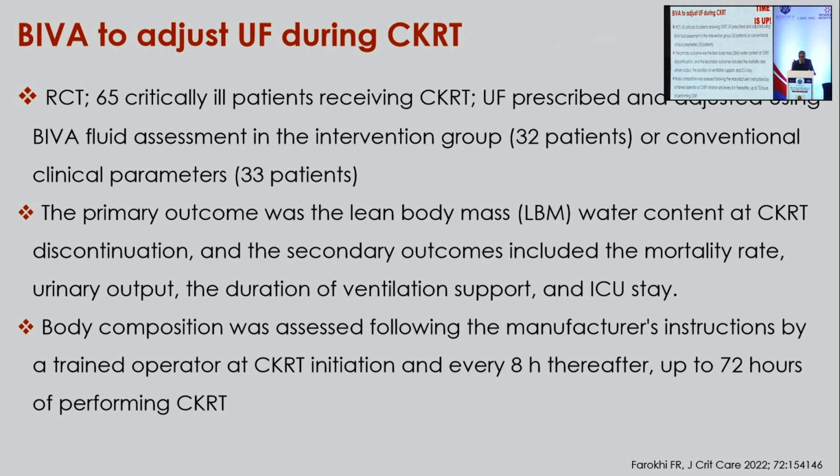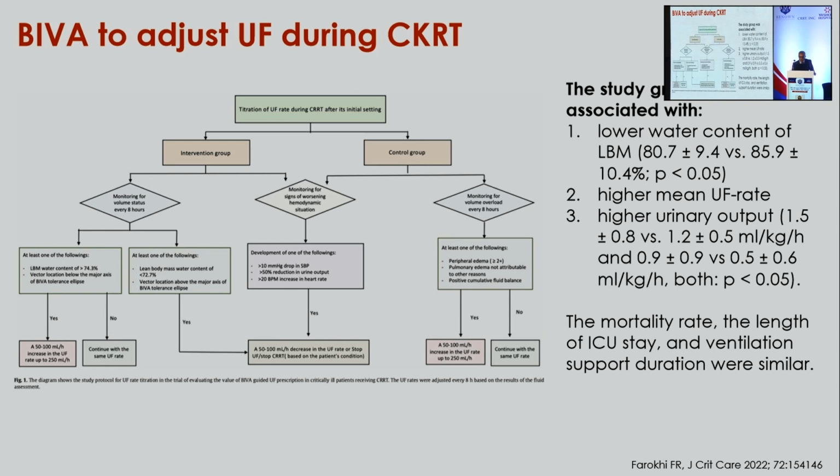This was a randomized trial wherein they randomized 65 patients to a bioimpedance-based strategy of fluid removal versus the conventional method of fluid removal, wherein they reassess the fluid balance every 8 hours.